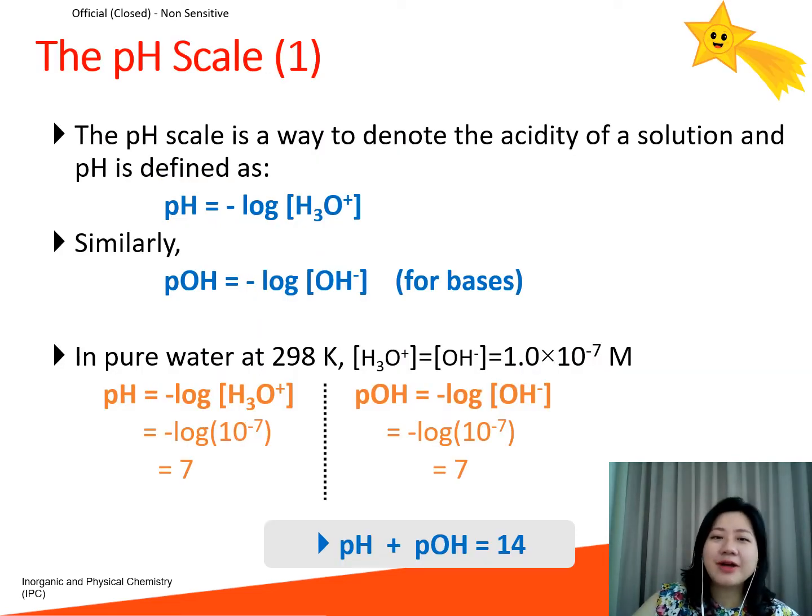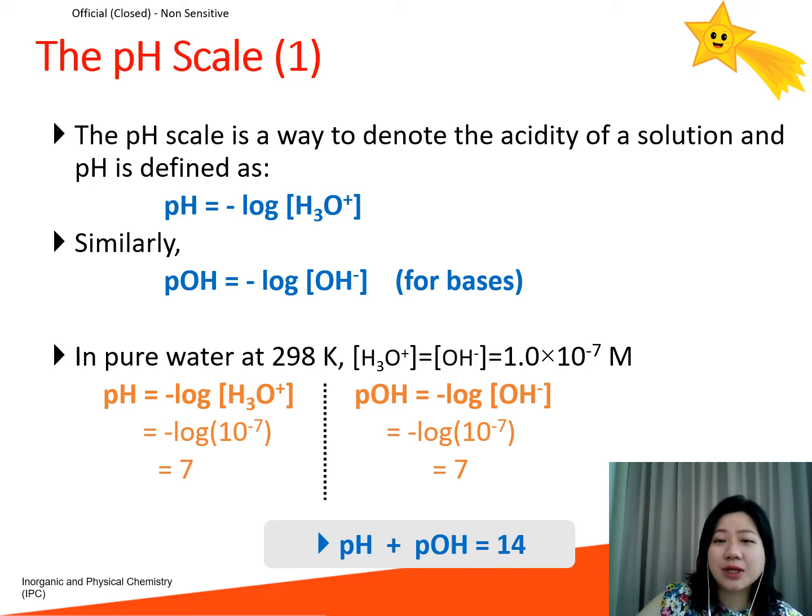To represent how acidic or basic a solution is, we use the pH scale. pH is calculated using the formula negative log H3O+ concentration. For bases, when we have OH- concentration instead, we can calculate pOH, which is negative log OH- concentration.